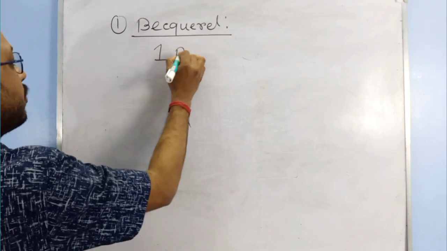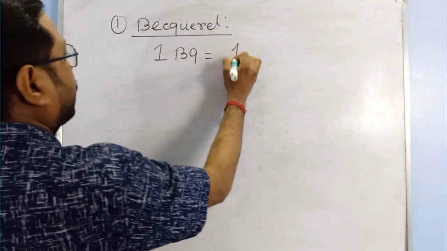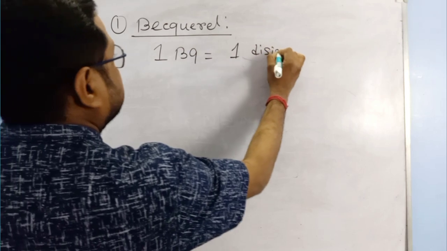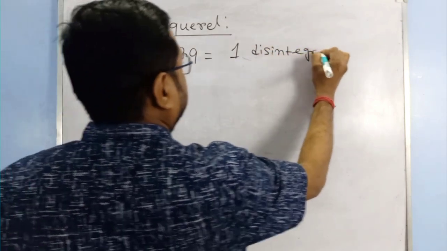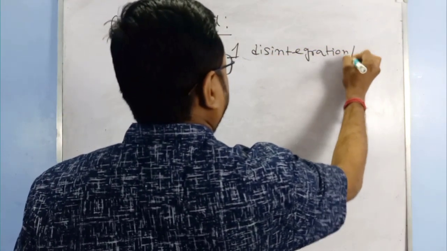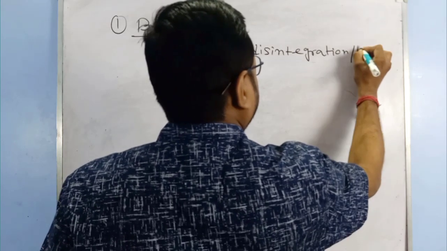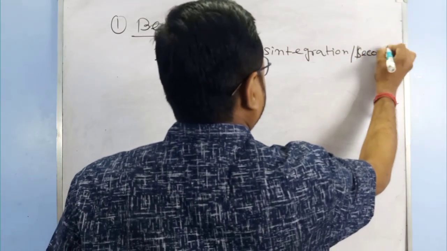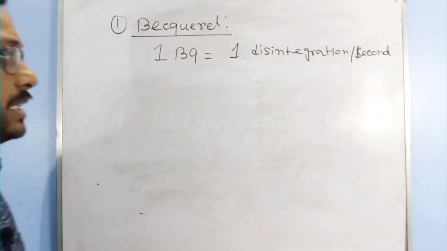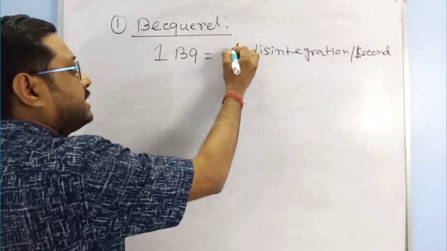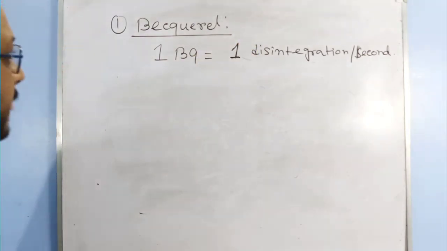So 1 becquerel equals 1 disintegration per second.